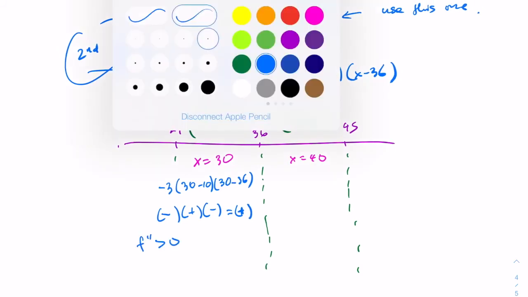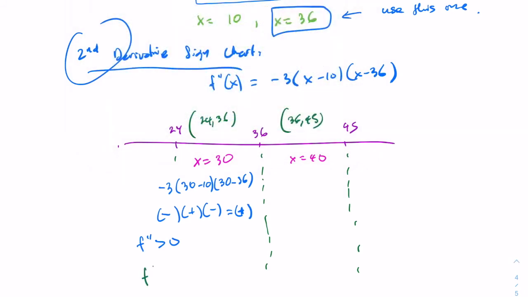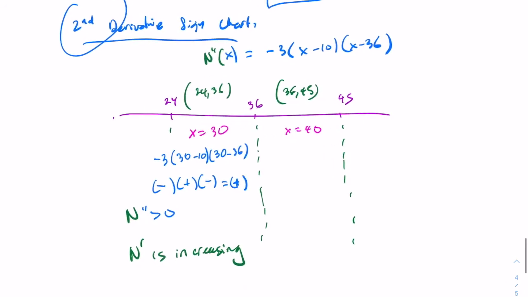If the second derivative is greater than 0, that implies that the first derivative, and I think we want to use N instead of f, so let's do N double prime, and that means N prime is increasing. Okay, all right, so the first derivative is increasing on this interval, and let's do the same thing for the second test point there.